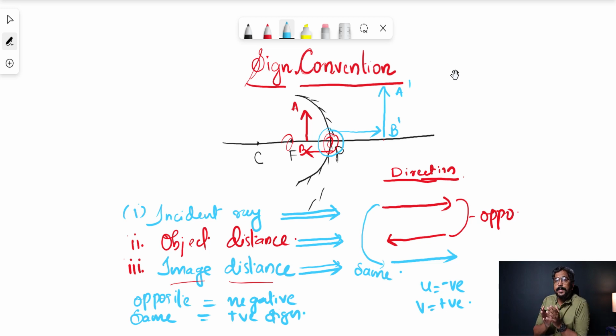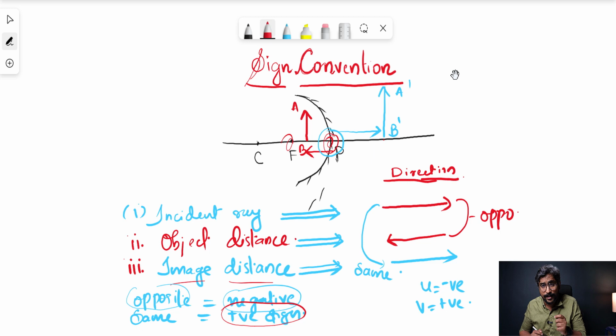So sign convention means we are comparing the object distance or image distance with the direction of the incident ray. With respect to incident ray, what is its direction? If you are getting opposite direction, then negative sign. If you are getting same direction as that of the incident ray, then it will be positive. So negative and positives are given like that.